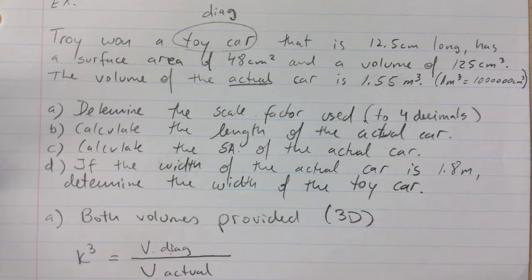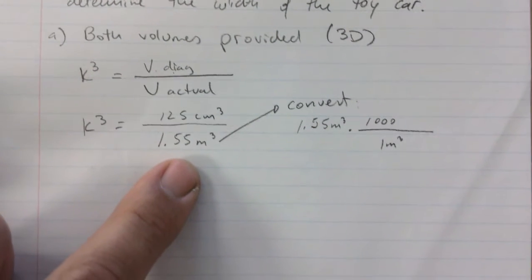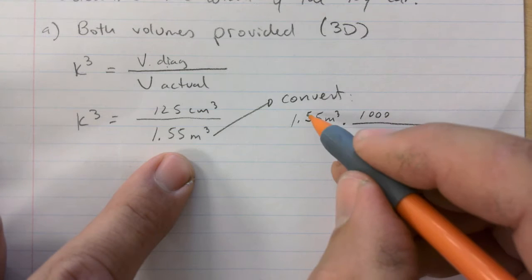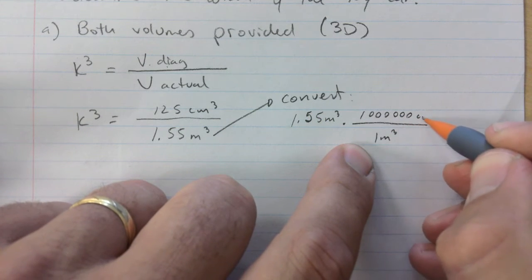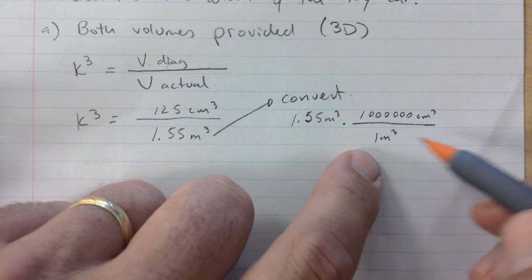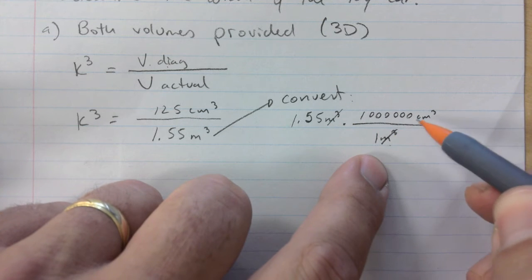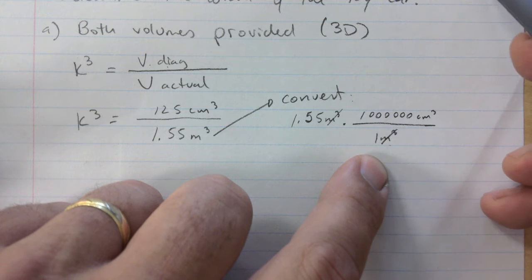Units are different, right? Convert 1.55 meters cubed. We know that 1 cubic meter has, oh sorry, my bad, I was a little behind on the sliding up there. So we have meters cubed, and this is basically given to you up there in brackets.